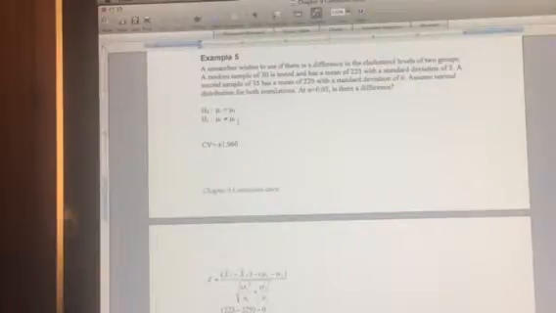Now, the rules in terms of picking which test get much more difficult when you are comparing two different samples. When you have small samples involved, the statistics gets much more difficult, and there's a lot of discussion. The book has changed its mind a couple times over the revisions over the years, and you'll see statisticians argue about this, and it's really a discussion that takes place beyond an intro course, in my opinion.